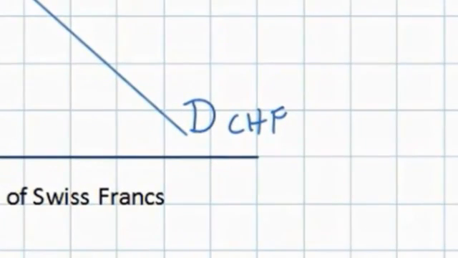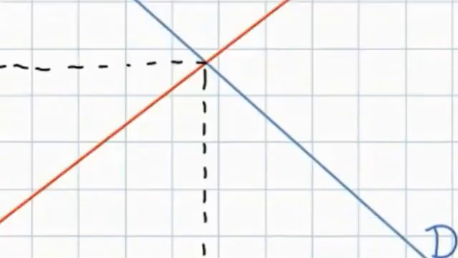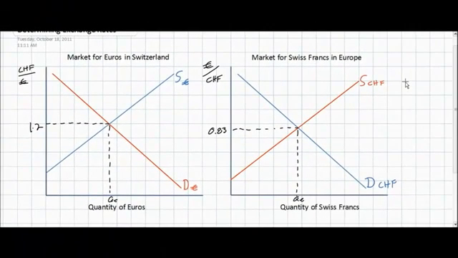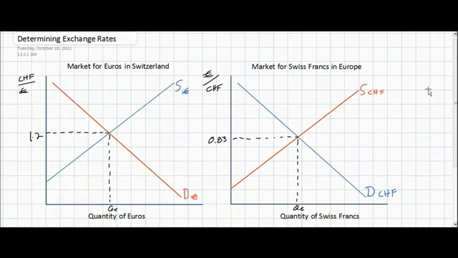The demand curve in the market for Swiss francs in Europe is blue because it represents the same individuals as the supply in the market for euros in Switzerland, which is also blue. European households, European individuals, demand Swiss francs. Therefore, the demand for Swiss francs comes from European individuals who want francs in order to buy Swiss goods.